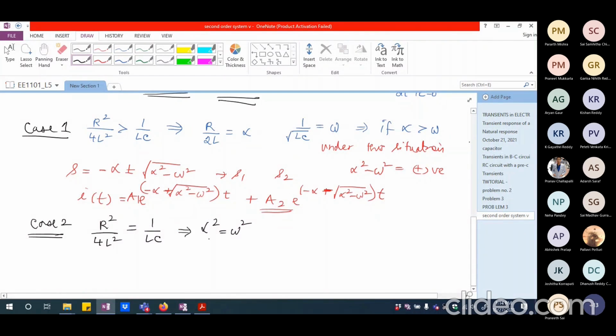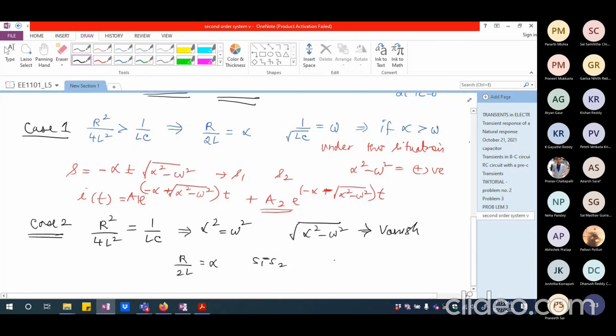So in this particular case, whatever is under the root is going to vanish. So this is equal to 0, I will have both roots equal to each other, which is going to be simply r by 2l itself. So both roots S1 and S2 will be equal to each other.